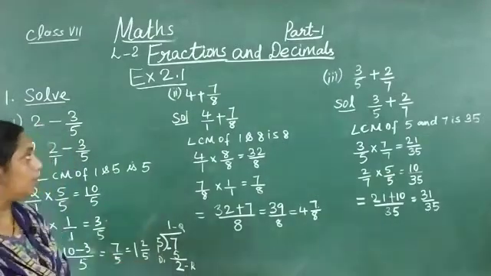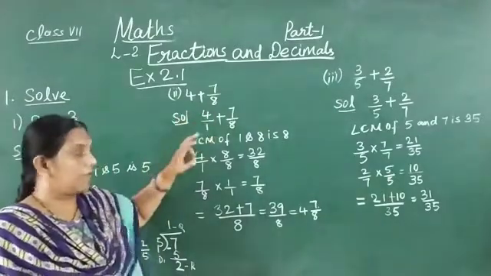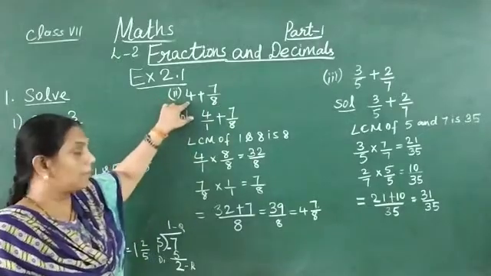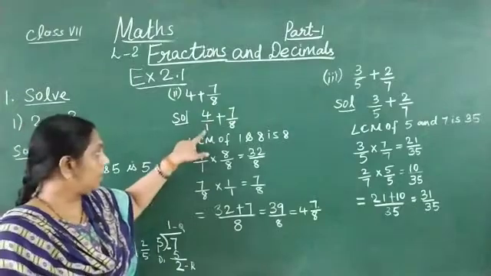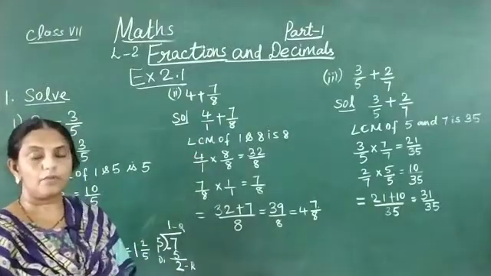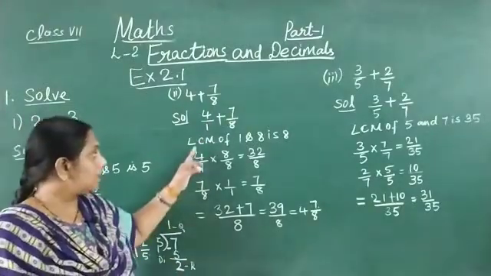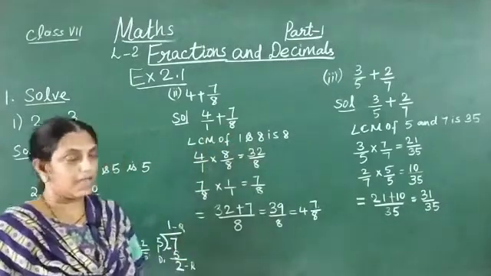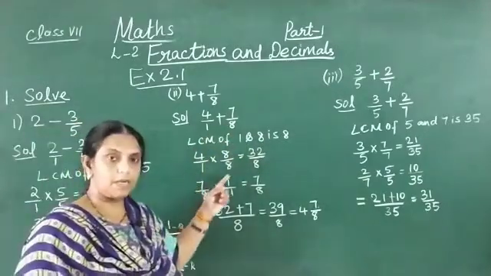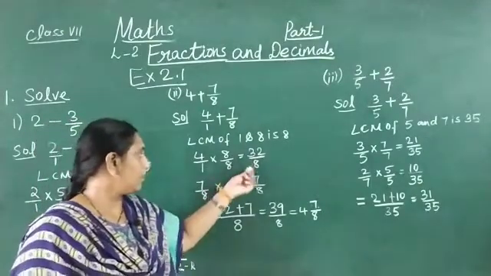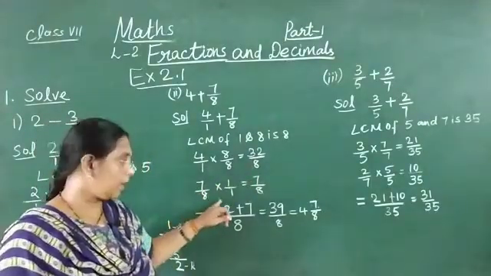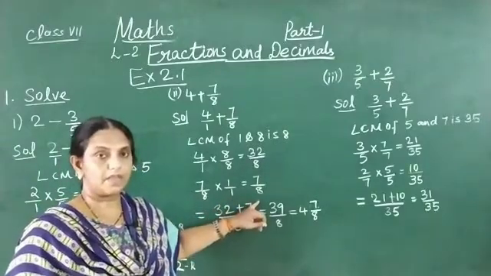Now question number 2. 4 plus 7 by 8, again one is a whole number, another one is a fraction. So we will change the whole number into a fraction by keeping 1 below. So 4 by 1 plus 7 by 8. LCM of 1 and 8 is 8. So 4 by 1 multiplied by 8 by 8, 4 8s are 32 by 8. 7 by 8 multiplied by 1 by 1 becomes 7 by 8.